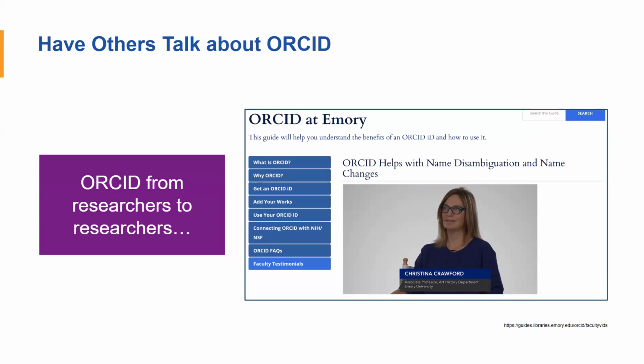So hearing it firsthand from other researchers is a wonderful way to get your other researchers really engaged with ORCID. All of these are just some ideas that you can take to your own organizations to do outreach for your own organization.